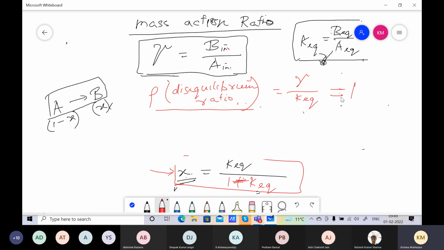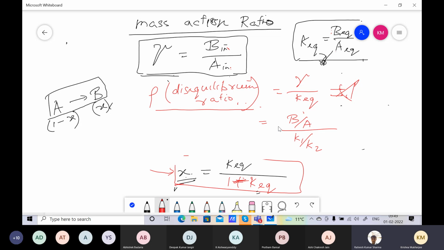So we have the disequilibrium ratio equal to gamma upon K equilibrium, which really is what? Forget this for the minute. What is gamma? Gamma is B upon A, the actual values. And K equilibrium, as we all know, is K1 by K2, right?